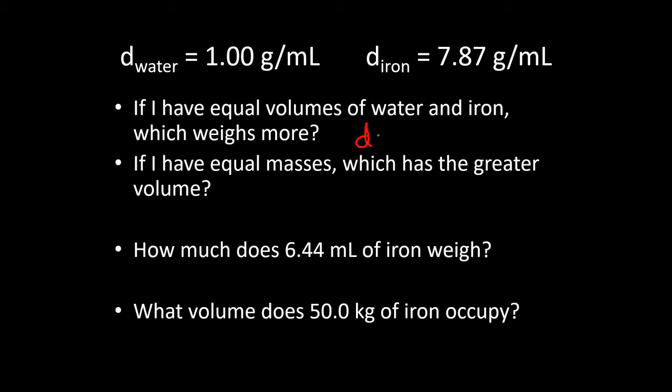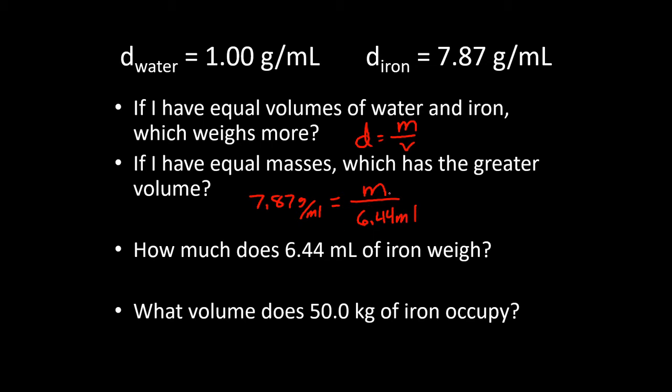So if the density is equal to the mass divided by the volume, and in this case we're trying to find the mass, what we're going to do is we're just going to plug in what we know. So we know the density of iron is 7.87 grams per mL. We're trying to find the mass. We don't know that, but we're told that we have a volume of 6.44 mL.